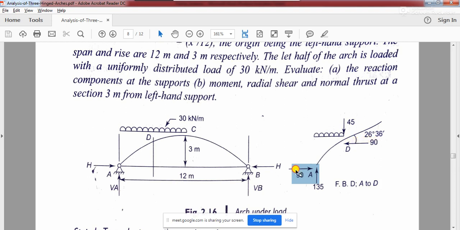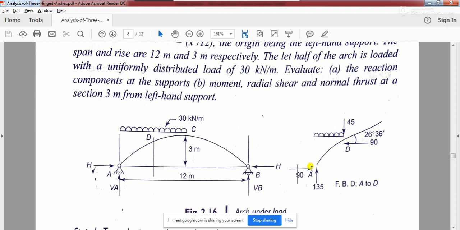Please remember, if from the calculation of the horizontal force this 90 was coming in the opposite direction, then this 90 would also have gone in the opposite direction, because they must balance. You will have to consider the equilibrium in the free body diagram.